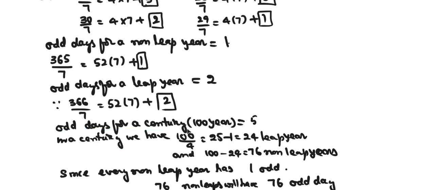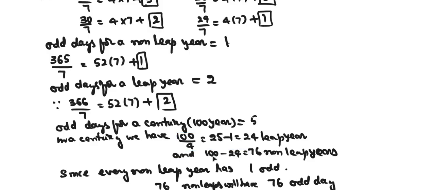Odd days for a century, that is for 100 years, is equal to 5, because a century contains 24 leap years, because every year which is divisible by 4 is a leap year except this century. So 100 by 4 will give you 25, and subtracting 1 we get 24 leap years, because this 100th year is not a leap year.